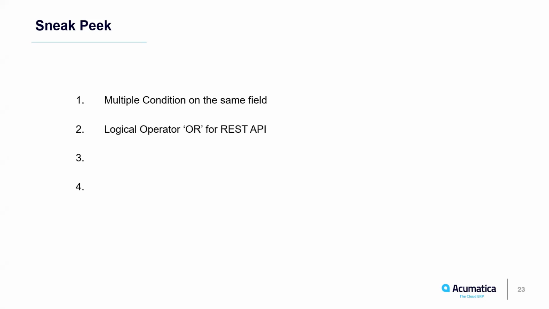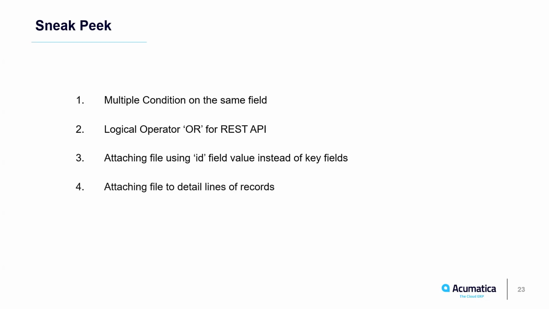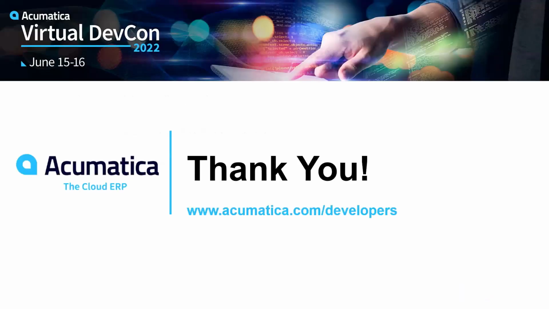We will have implemented the logical operator OR for the REST API. We will have the capability of attaching files to a specific item using the ID field value instead of the key fields. And we will have the possibility of attaching files to detail lines of records. And yes, I think that was pretty much it.